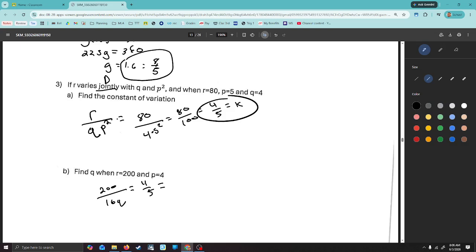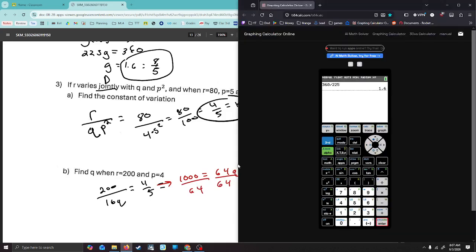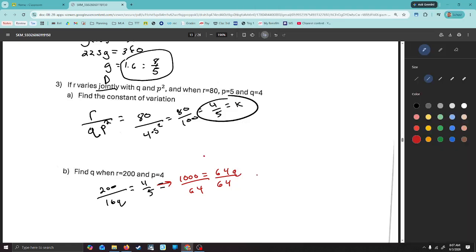Actually, let's just do the math long ways. So I'm going to cross multiply. So 5 times 200 is going to be 1,000 equals 4 times 16, 64Q. I'm going to divide 64 on both sides. 1,000 divided by 64 is 15.625.